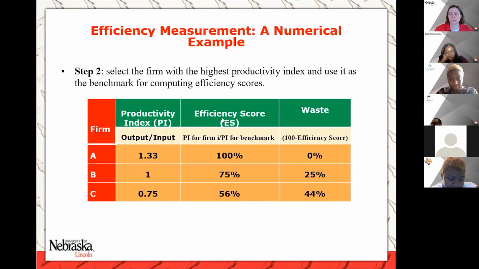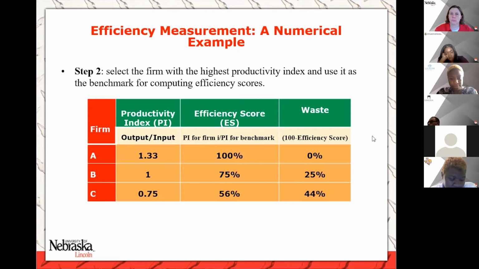So now, to compute the efficiency score, all you have to do is divide the productivity index for firm i by the benchmark. So for firm A, it's going to be 100% because 1.33 divided by 1.33 is equal to 100%. For firm B, you divide 1 by 1.33 and you get 75%. And for firm C, you divide 0.75 by 1.33 and you get 56%.